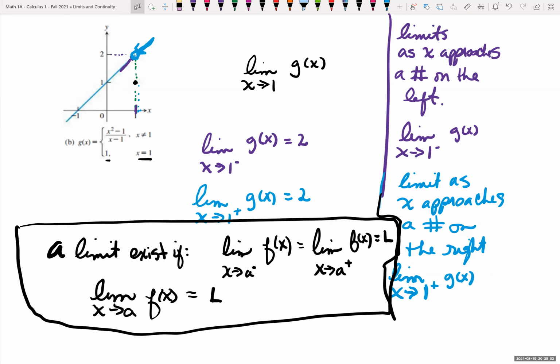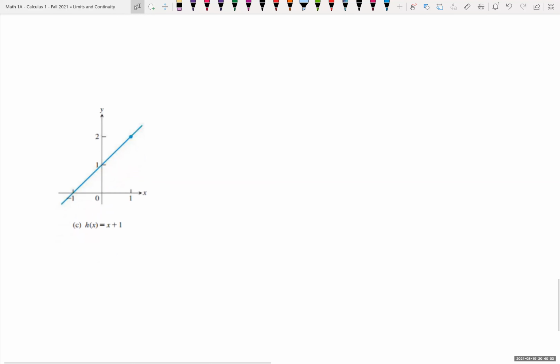So let me see if there's questions. Basically this is the almost identical graph. This time we have h of x equal to x plus 1. And notice that we have a solid circle there, so at that point it's actually defined and falls on that line.